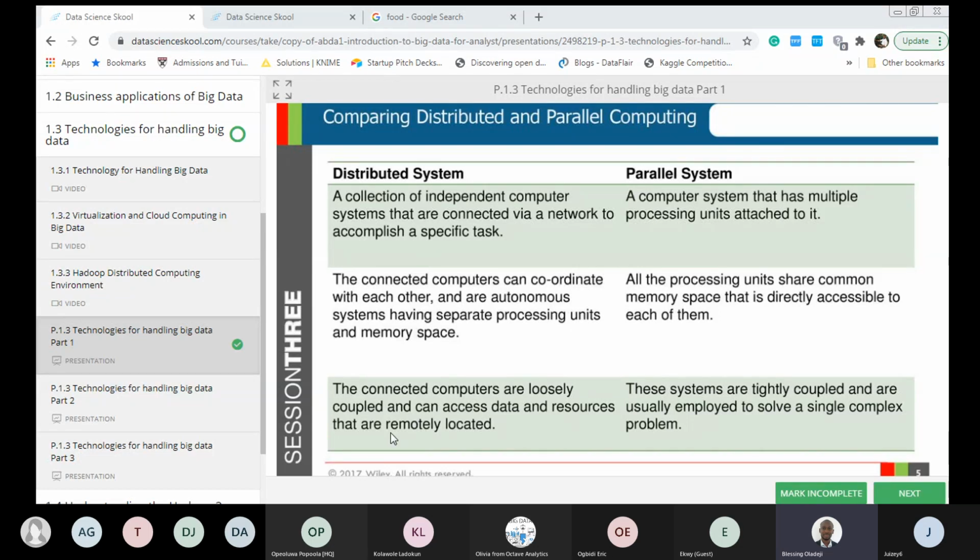But note that we have deployed more autonomous, independent resources in order to solve that big data problem. So that is the second solution. Then the third solution is, now in the second solution, we're able to solve it in 3 hours.